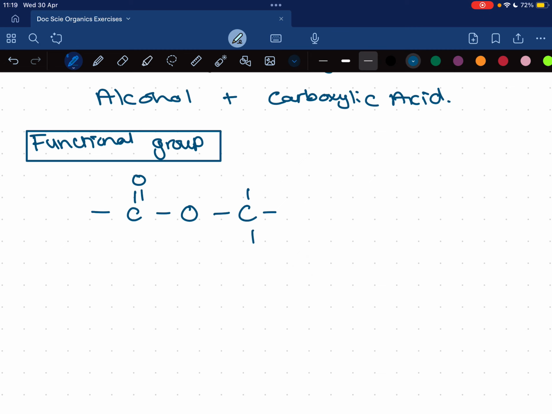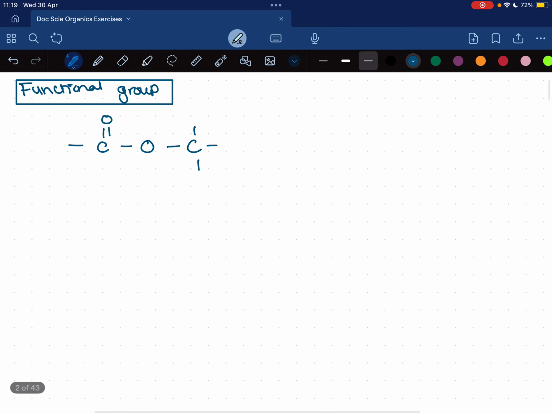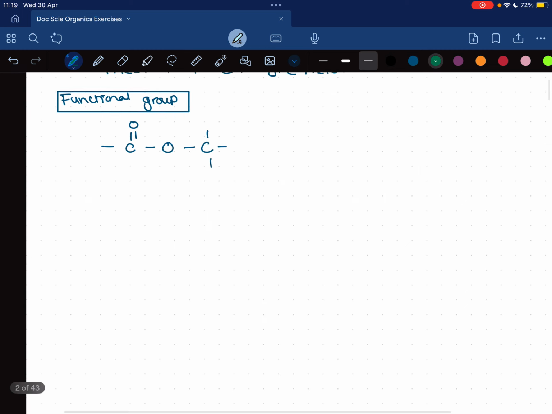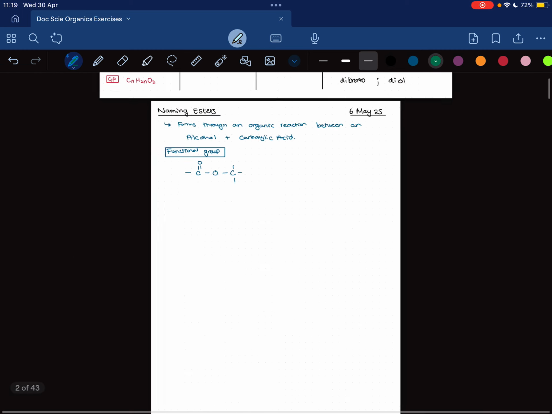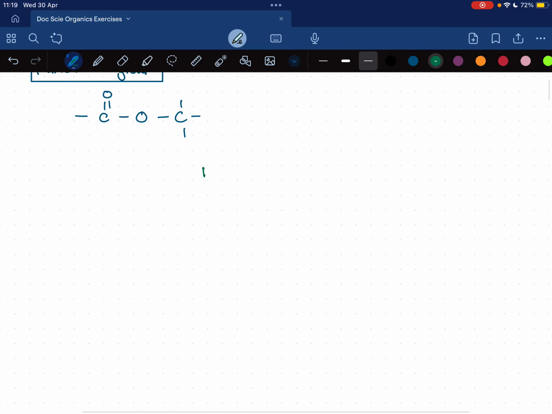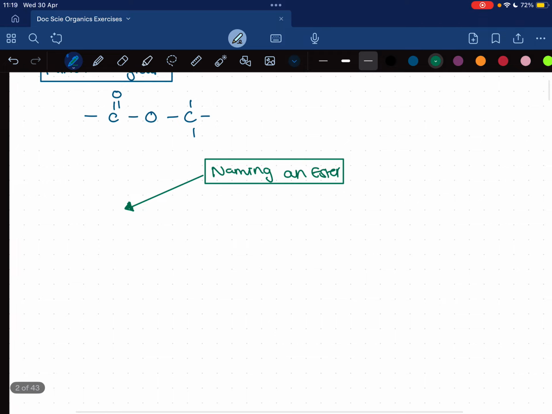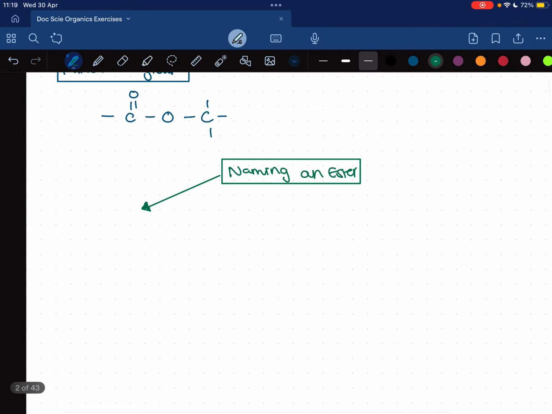When we are naming an ester now, there are three parts to naming an ester. The first part of naming the ester is that we always name the alcohol first.